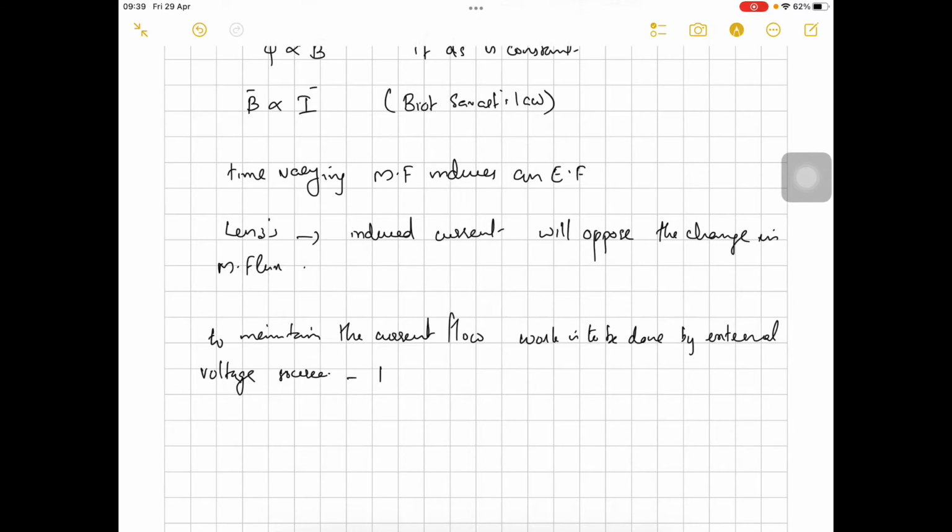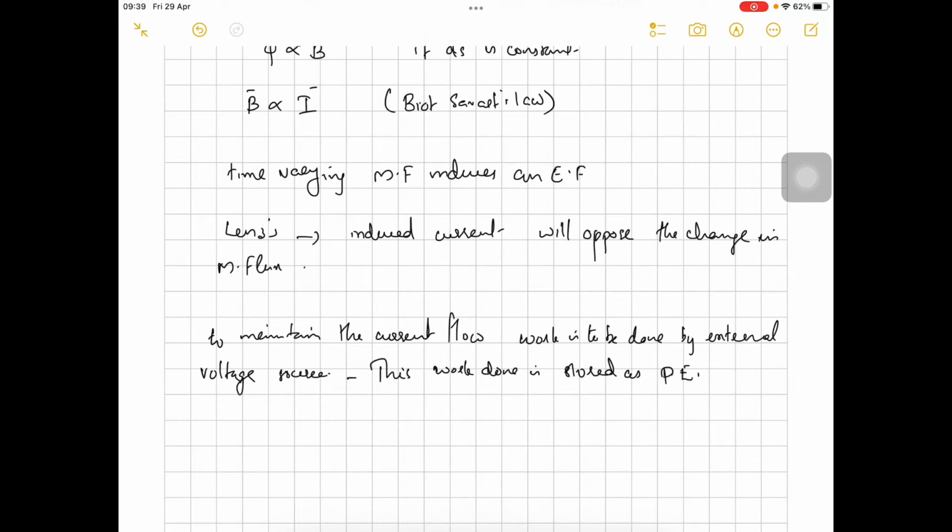This work done is stored as potential energy. This is the energy stored in a magnetic field.